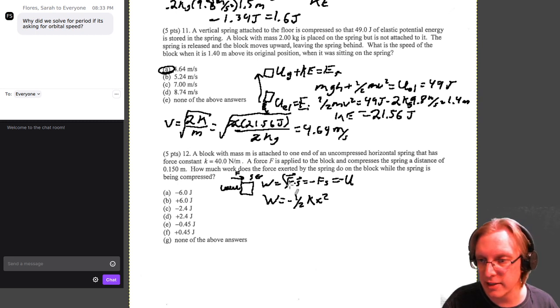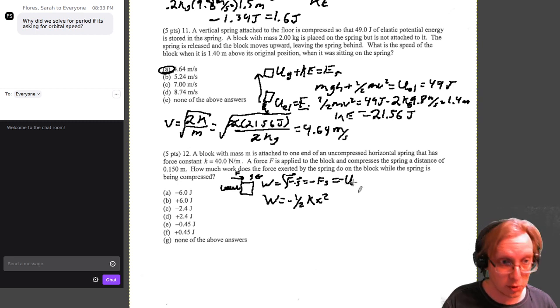I did this here to make sure I got the sign right, but I knew that the work done on the block by the spring must be equal to its potential energy. This is also equal to the energy stored in the spring, and has been placed there by the force F.